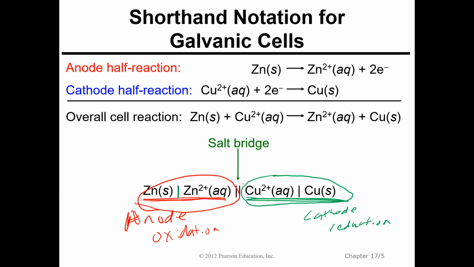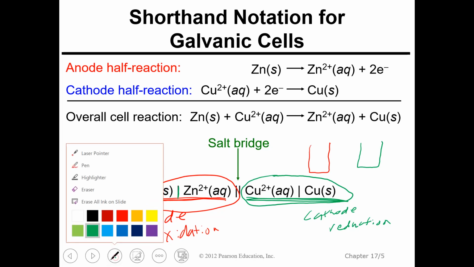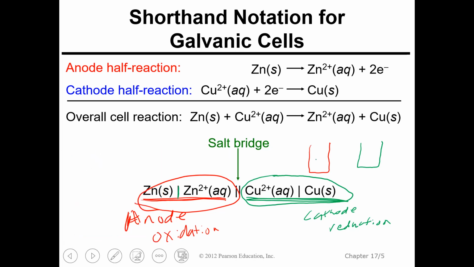So if we had an electrochemical cell, you might have seen these little diagrams in a science course in the past. We have our two cells: our zinc in solution over here with our piece of metal, and then our copper in solution with our piece of metal.